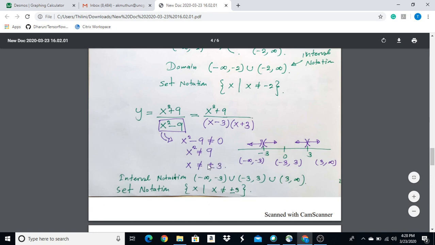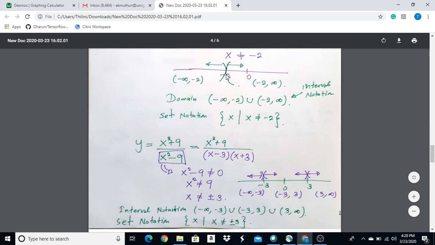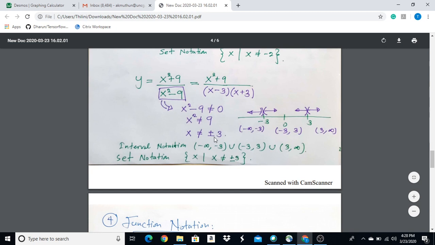So now we have two numbers. In the last case we had only one number, which was negative 2, but here we have two numbers. That's the difference. So now if we plot these two numbers, negative 3 and positive 3, on the number line, you have 0 in the middle, negative 3 on the left hand side, and positive 3 on the right hand side.